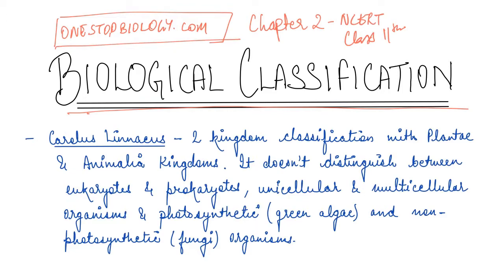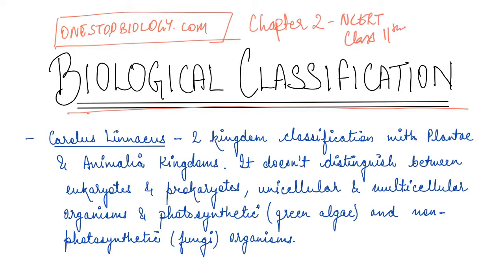So what is biological classification? As we also studied in the previous chapter, in order to keep it simple, in order to make a hierarchy of all the organisms, you classify them biologically and you keep them in separate groups.